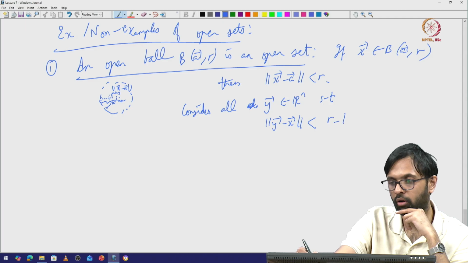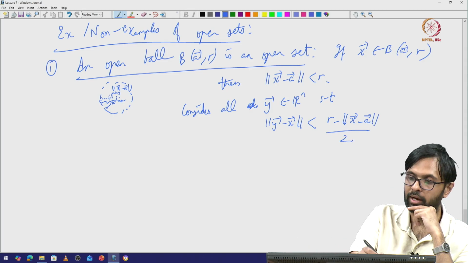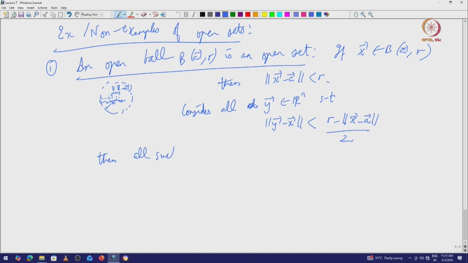So, for good measure, we will take this and divide by 2. If that is the case, then all such y do belong to this open ball. Indeed, if you look at the distance of y from A, you add and subtract an x, and then you use the triangle inequality.